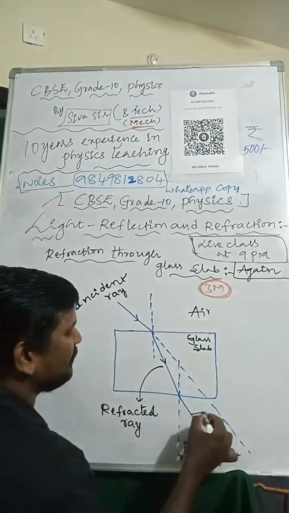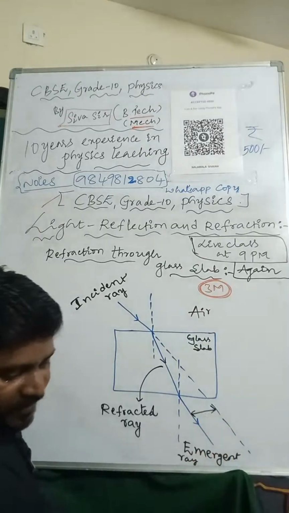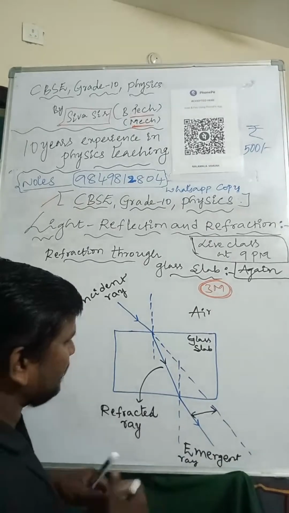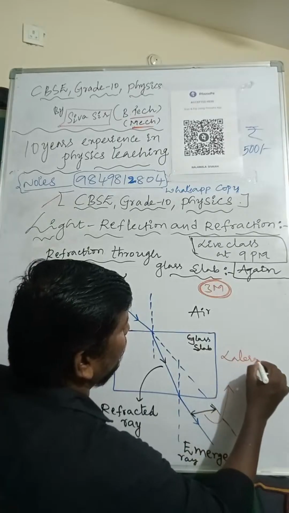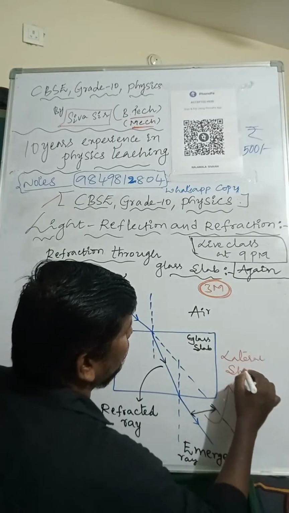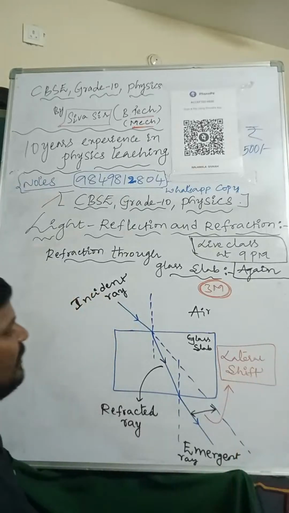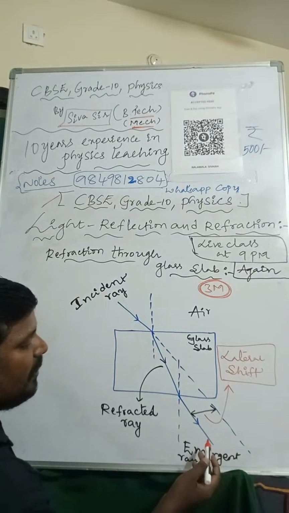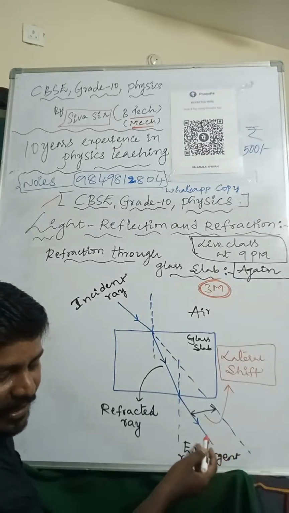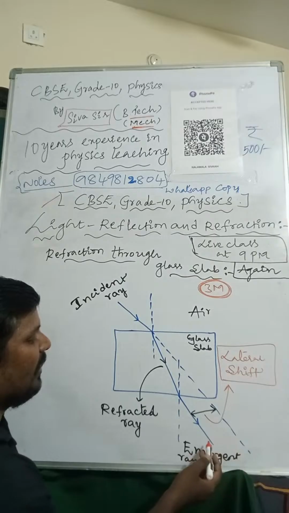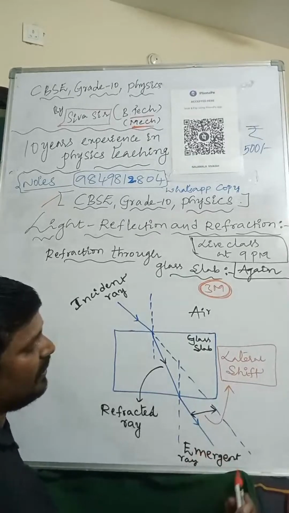The perpendicular distance between the emergent ray and the initial direction of the incident ray is called lateral shift or lateral displacement.